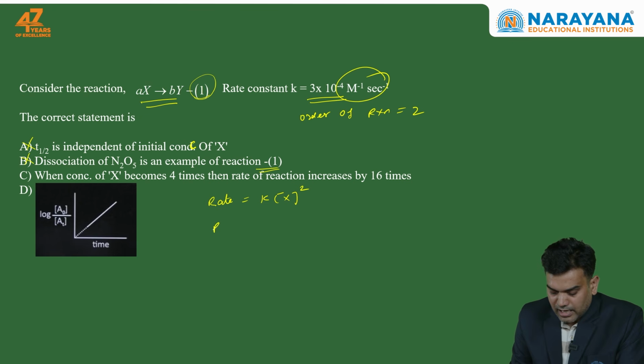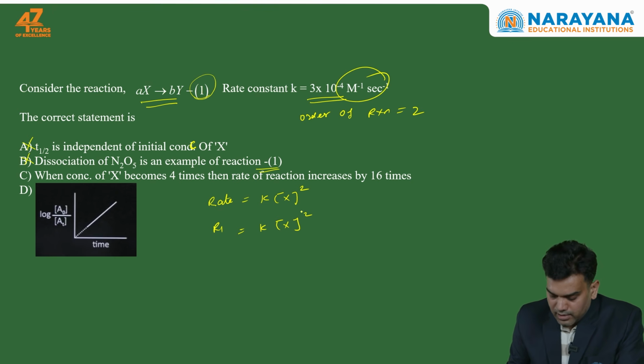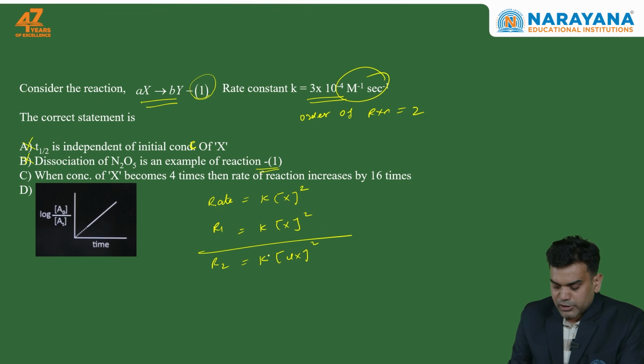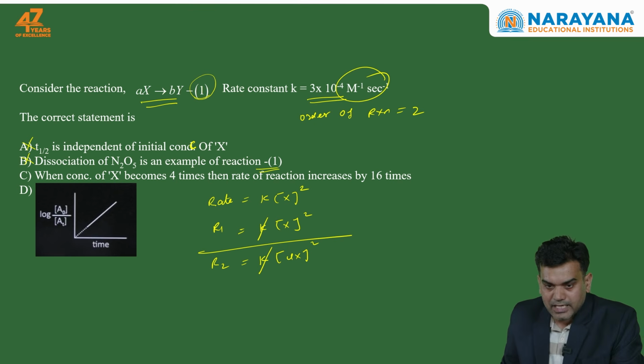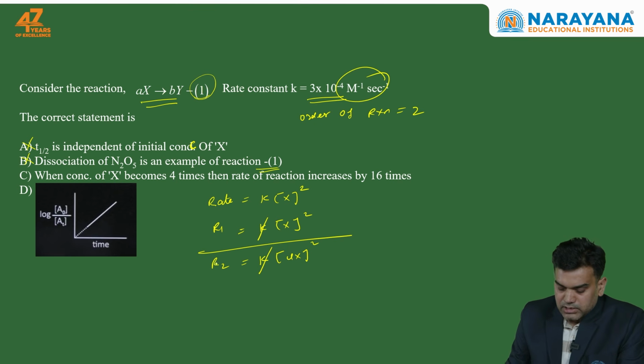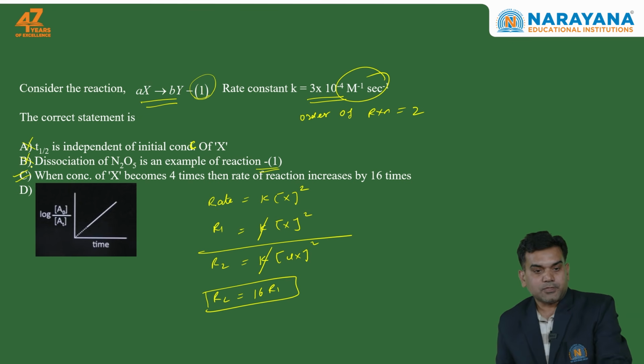Let's say R1 is the rate when the concentration of X is x molar, so x square, and R2 is the rate when the concentration of X has become 4 times, so it is 4x square. If I take the ratio, since the rate constant depends only on temperature and we are not changing the temperature, k will remain the same. You will find that the new rate R2 will become 16 times R1, so I can say this statement C is correct.